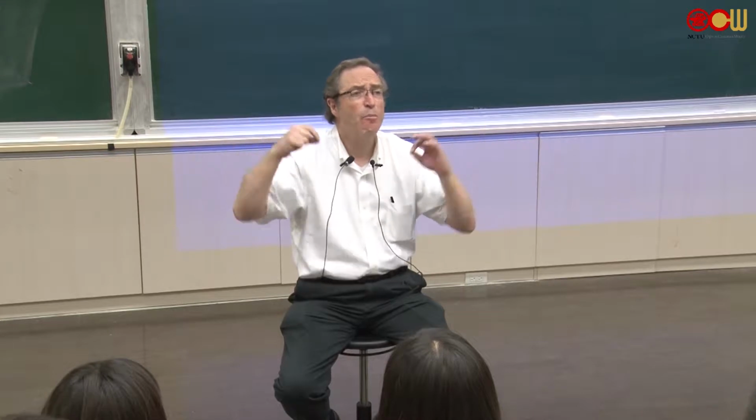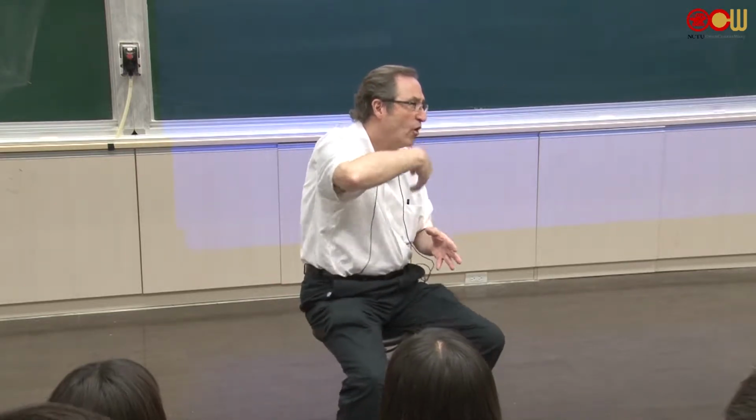What does that mean? It means the particles inside my body do not move much relative to each other. They move together as I rotate around, right? They move together. But they don't move relative to each other. So that's what we mean by a rigid object.